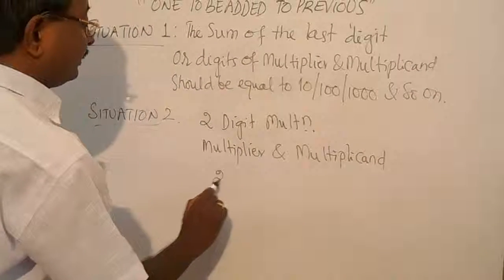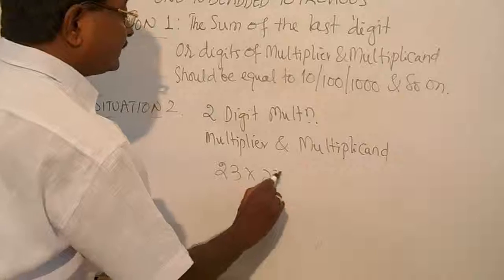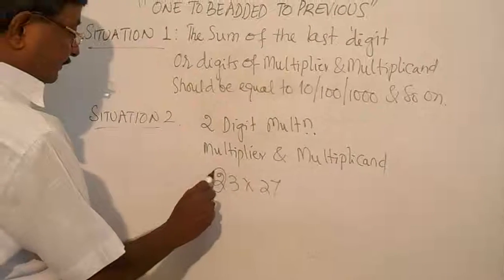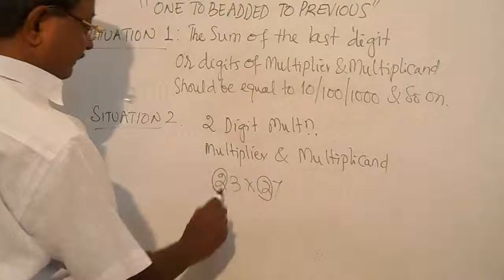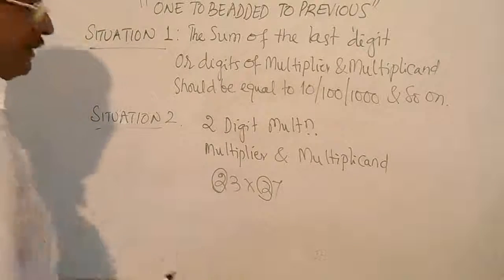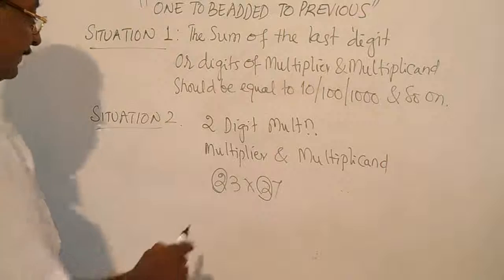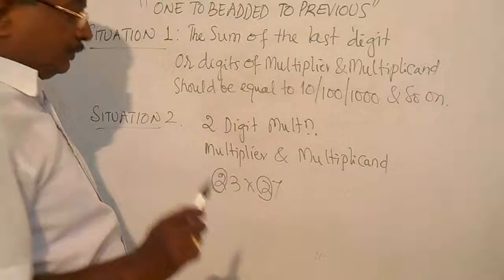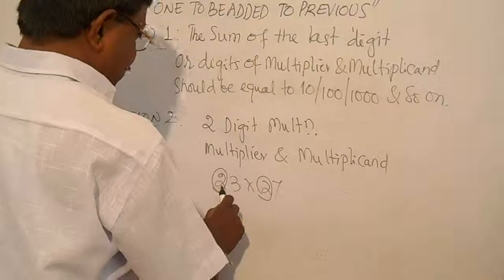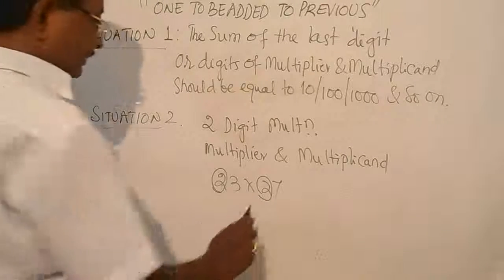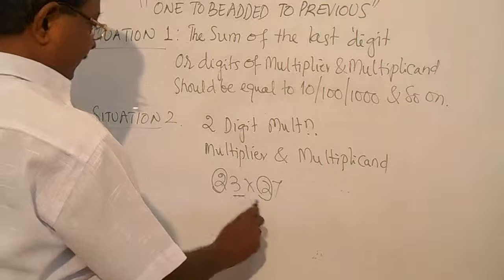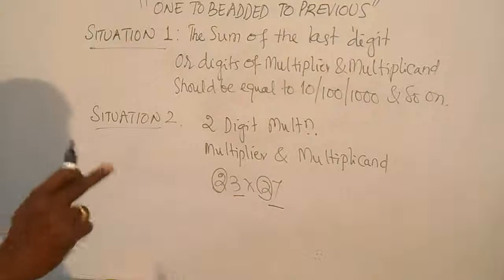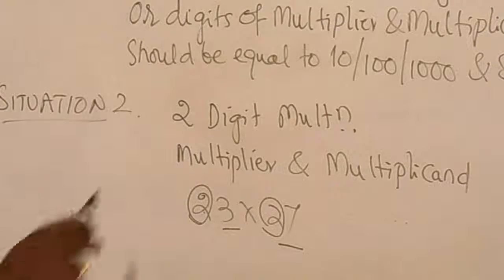Say for example 23 into 27. The prior digit of 23 is 2, and in the multiplicand it is also 2, the same digit, and the last digits, 3 and 7, of multiplier and multiplicand should be equal to 10.